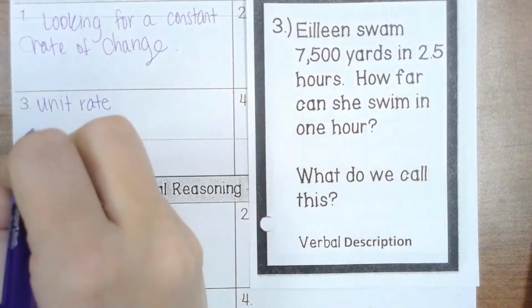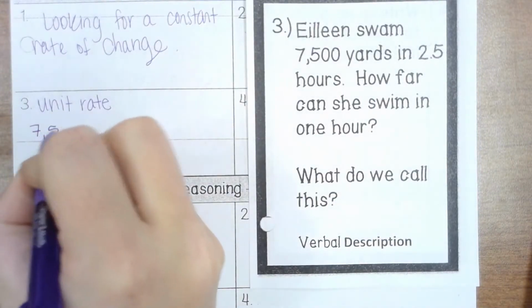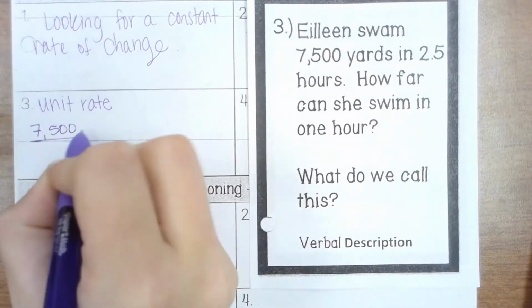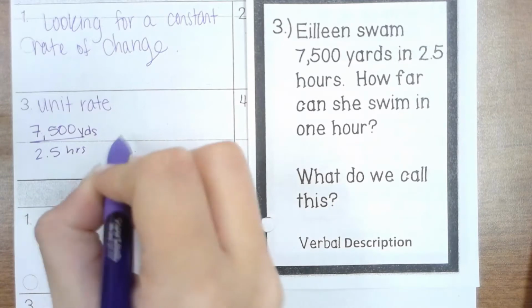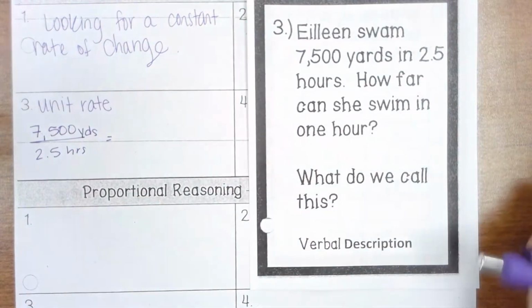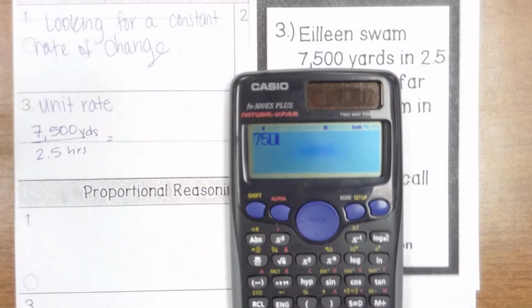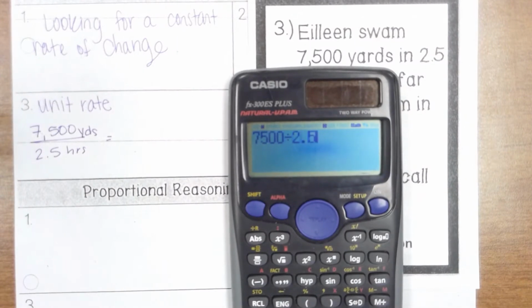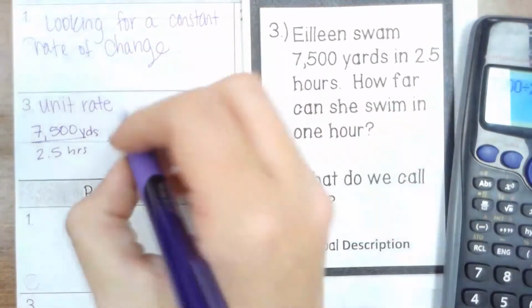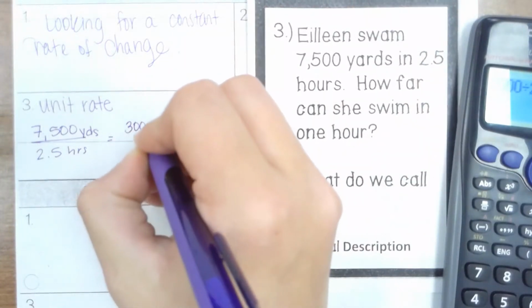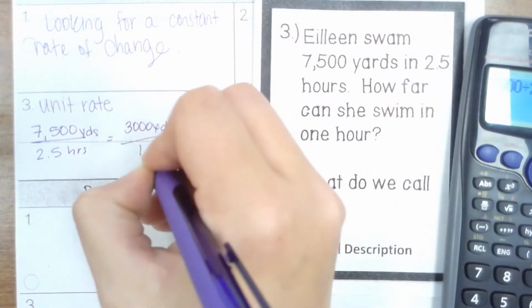So to find our unit rate, we are going to take the 7,500 yards divided by our 2.5 hours, and unit rate means that we're just dividing. So 7,500 divided by 2.5 gives us a unit rate of 3,000 yards per 1 hour.